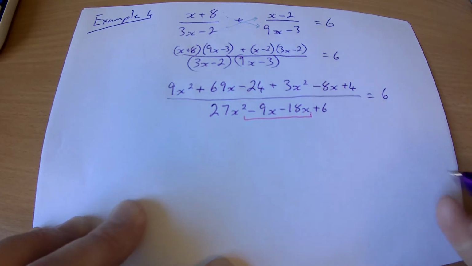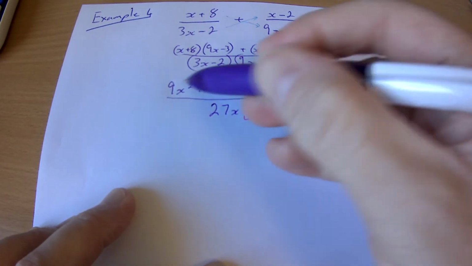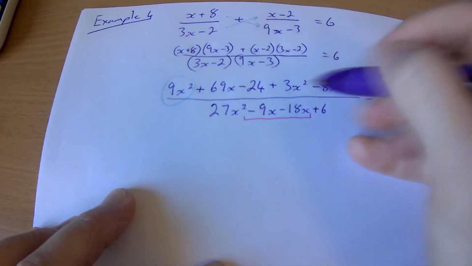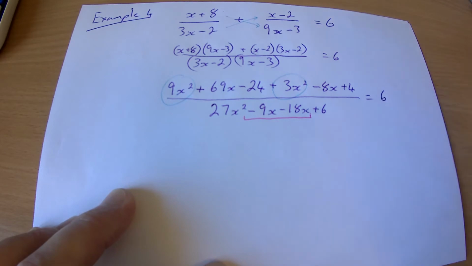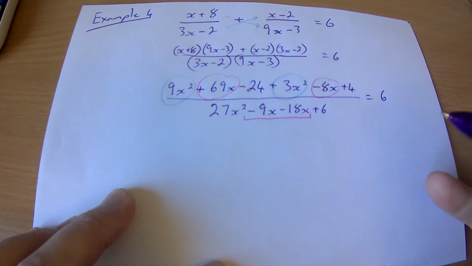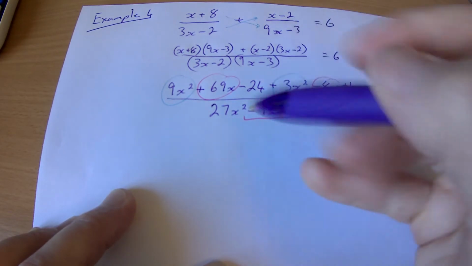Okay, so what we're going to do is tidy up the numerator first of all, bring together my x squared, and then we're going to bring together our x terms, and we'll bring together our number terms. Okay, so let's do that.